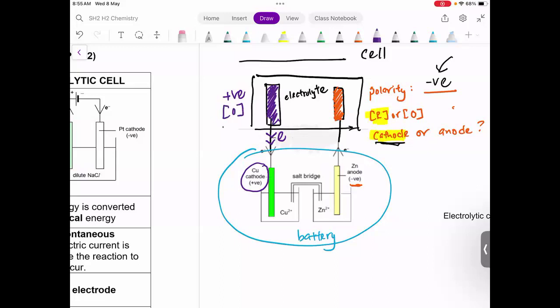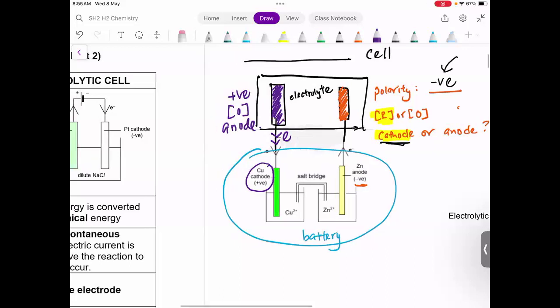So oxidation means it becomes the anode. Right? Okay, so remember, anode and cathode are always defined by the process. Anode is oxidation, reduction is the cathode. Yeah, make sense? All right, okay.